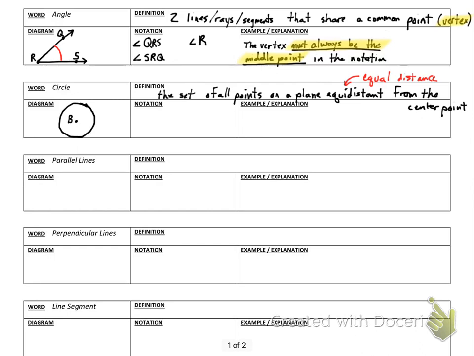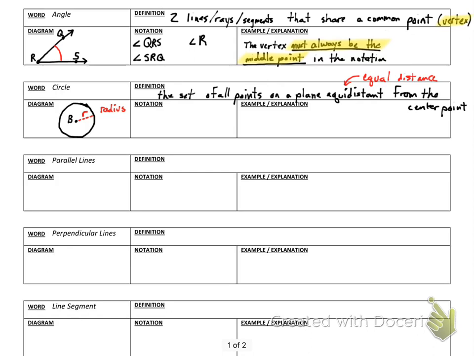Okay. And we talked about a circle is a set of all points equidistant on a plane from the center point. What do we call that distance right here? The radius. So I'm just going to put an R there for radius. I'll just write that out too. So the radius is really important, and the center point is really important.